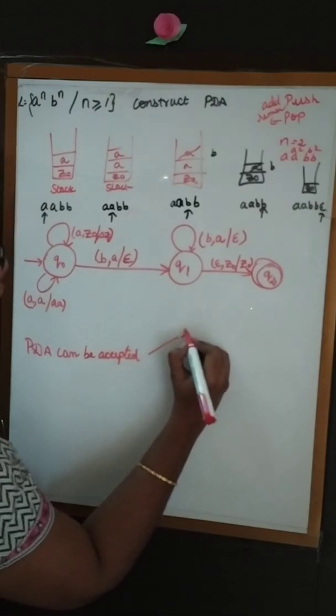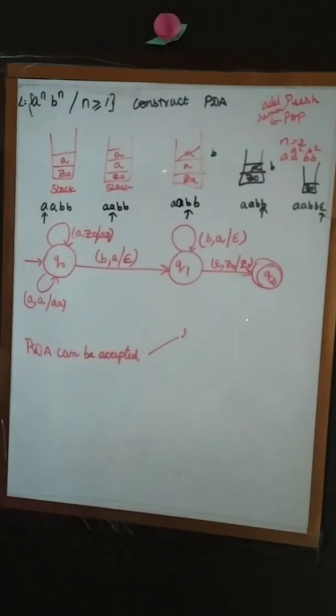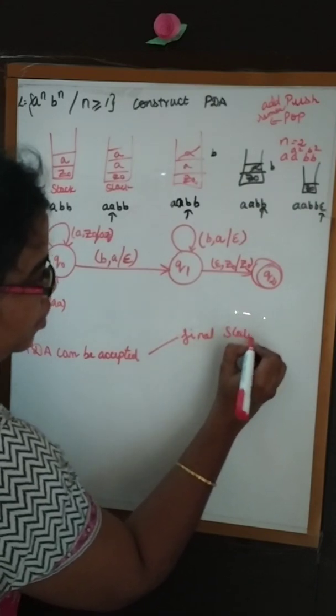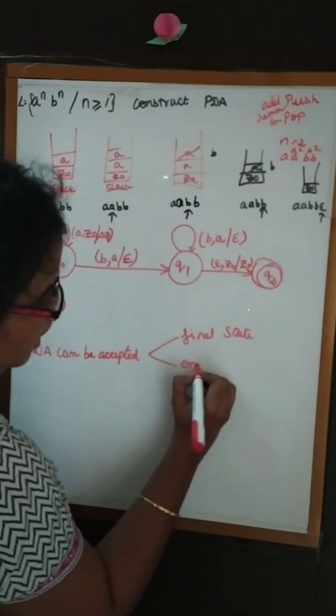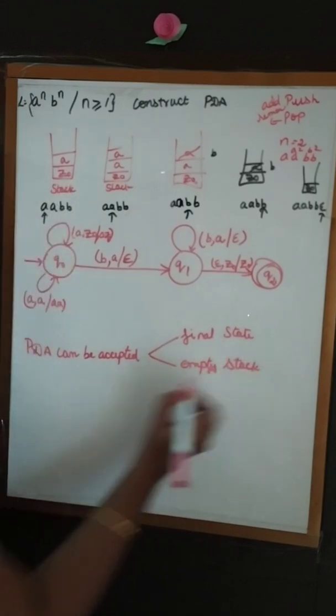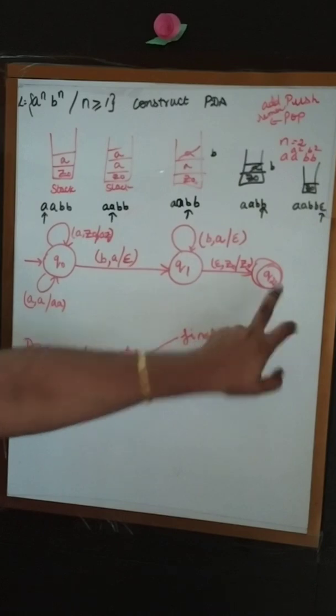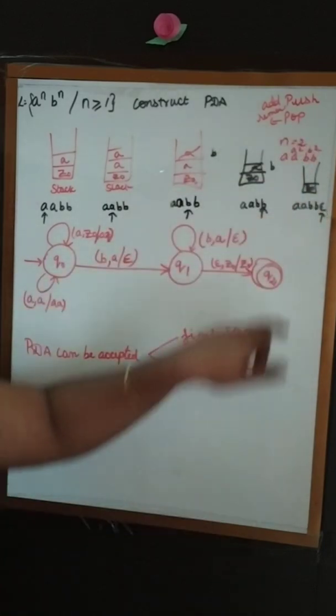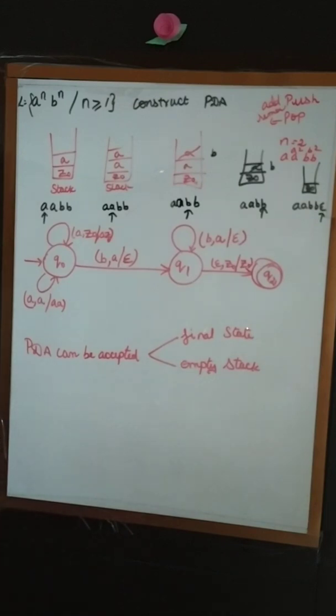One is by reaching the final state. Another one is what? Empty the stack. See, here what happened? We have reached the final state Q2, but we didn't empty the stack. What is there on the stack? Z0 is there.